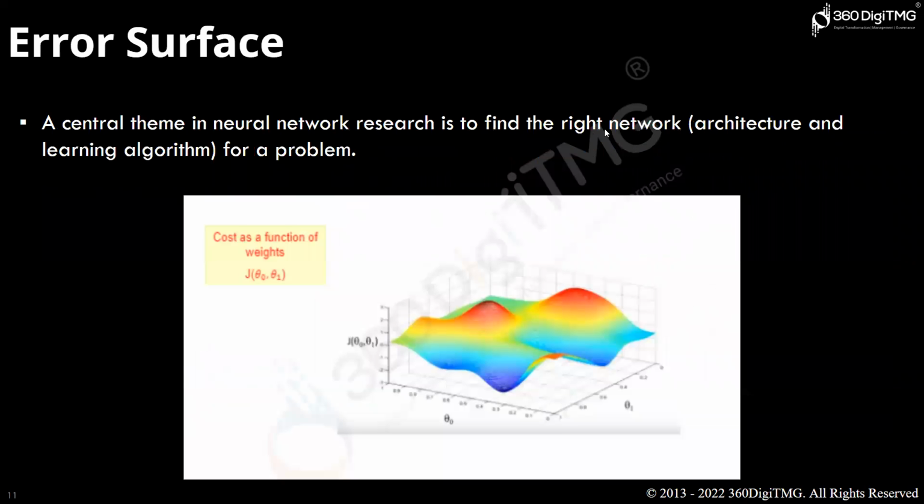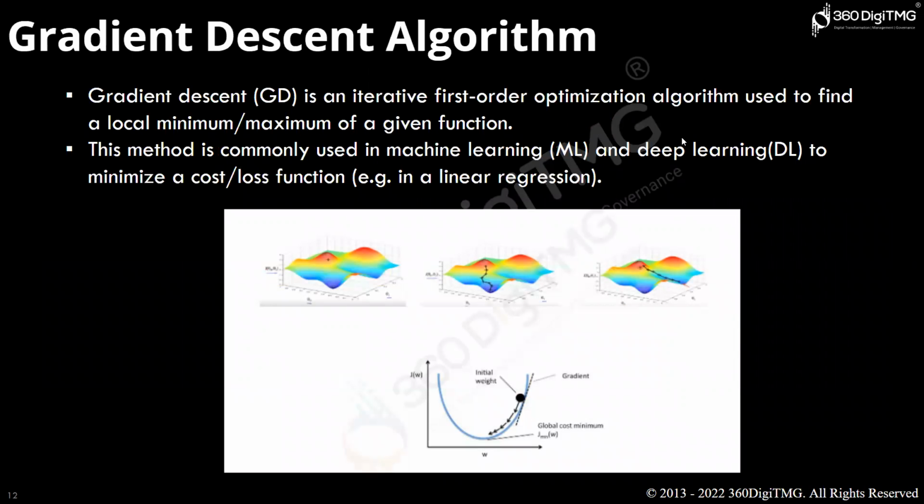After that, we have seen the error surface. So what is meant by error surface? A central theme in neural network research is to find the right network for the problem, the right architecture. What is meant by the gradient descent algorithm?